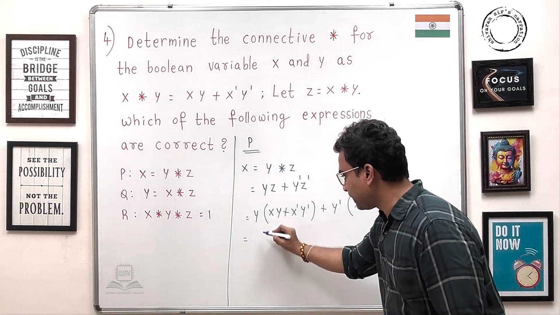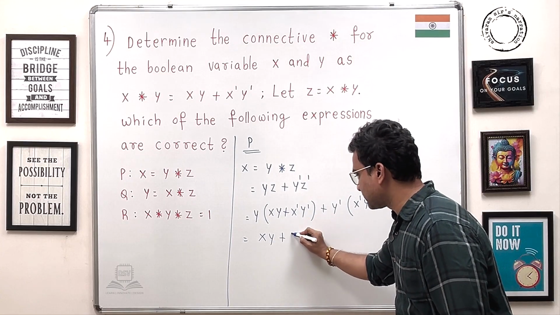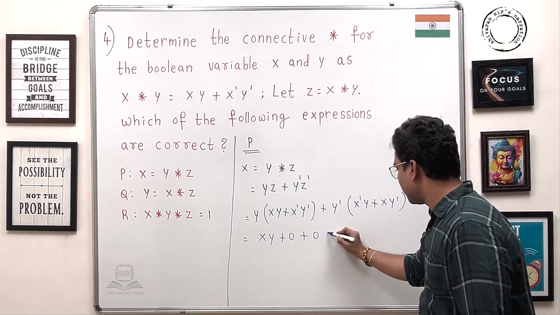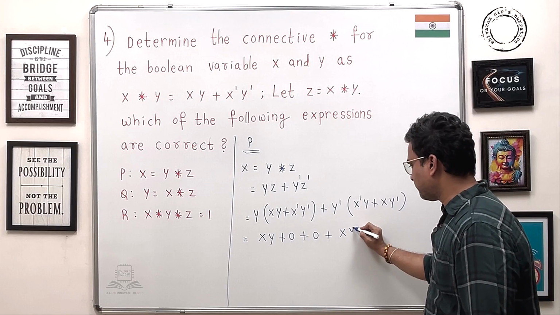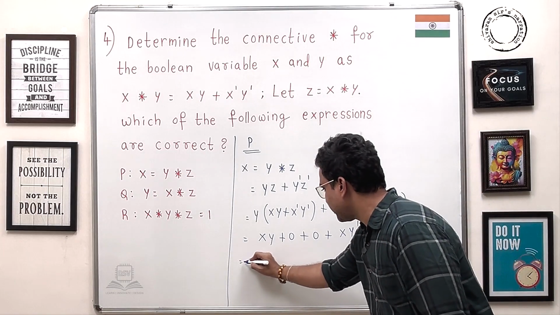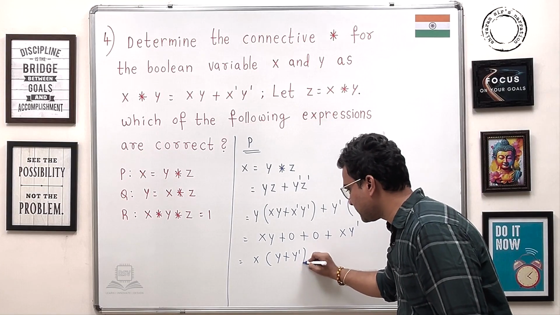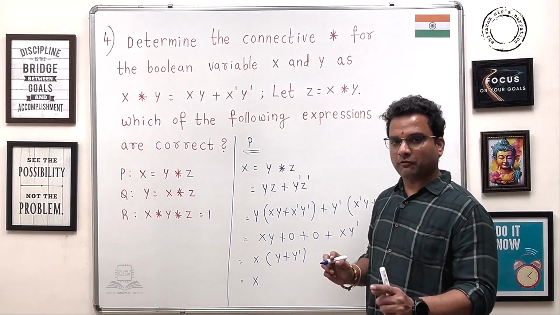Now when you simplify, it is xy, y into y bar 0, again y bar into y 0, plus x y bar. Now guys, if you take x as common, y plus y bar, hence it is x only, as y plus y bar becomes 1.